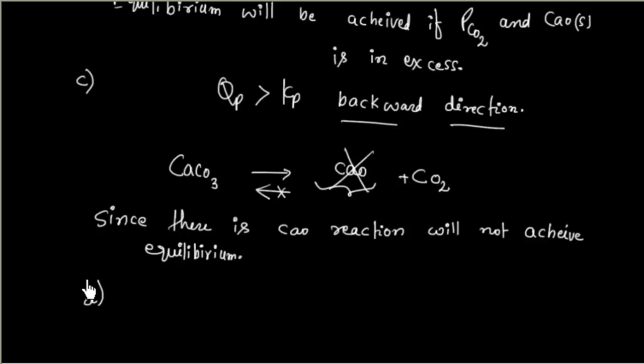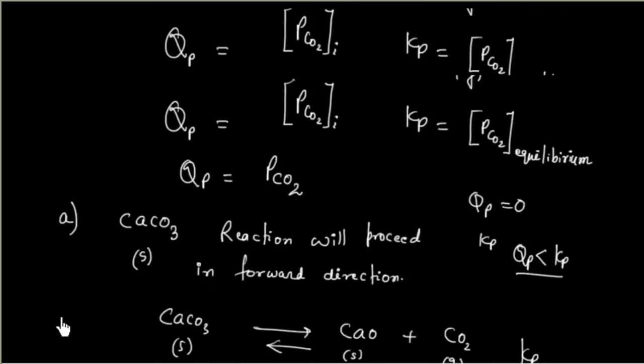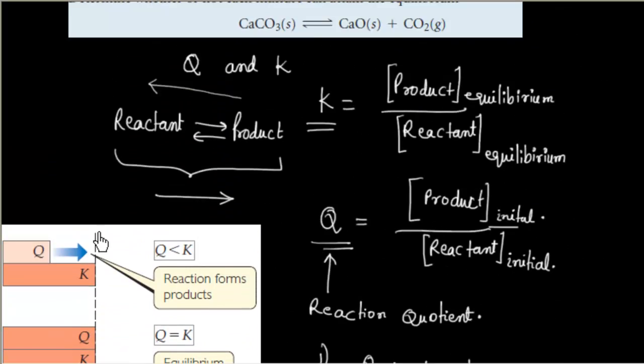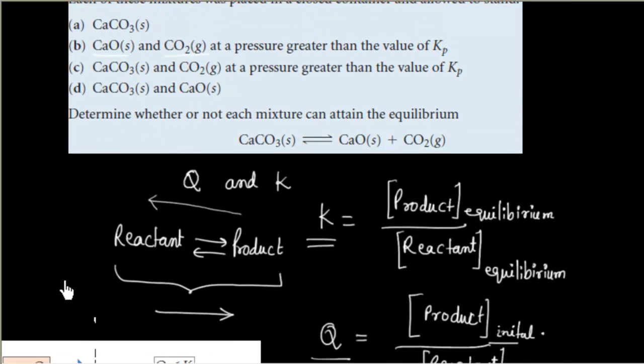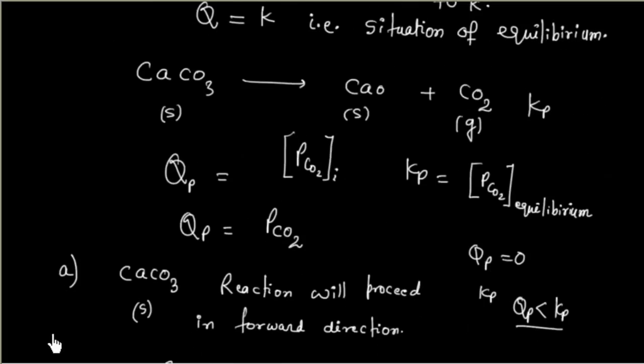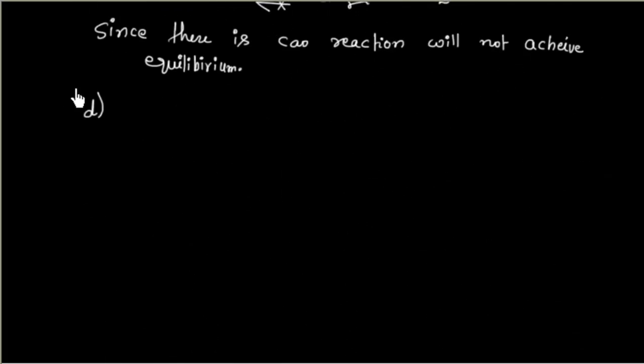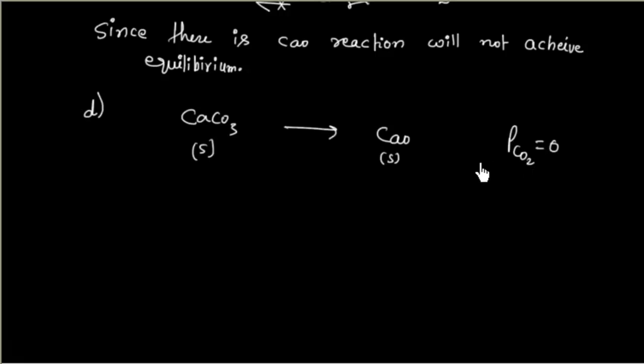Now D part. This time it says we have a mixture of CaCO3 and CaO solid. So we have CaCO3 solid and we have CaO solid. Now in this case the partial pressure of CO2 is 0 because we don't have any CO2, that is, Qp is 0.